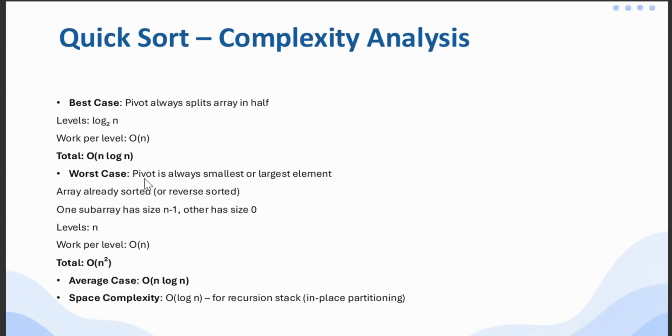So we don't get anything to the left or the right if the pivot is either small or large, right? And we have n levels, and the work for each level is O(n). So the complexity becomes O(n squared), right? And in the average case we get O(n log n), and the space complexity is O(log n) for the recursion stack, right?